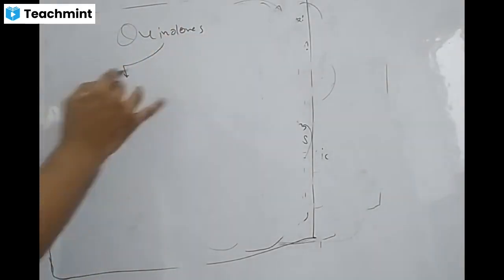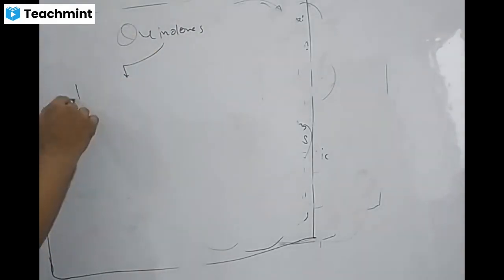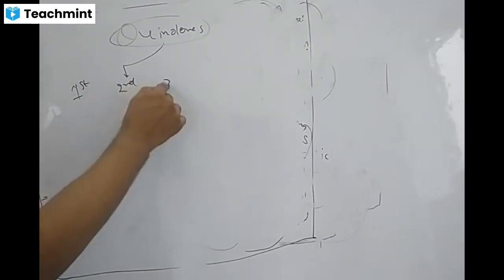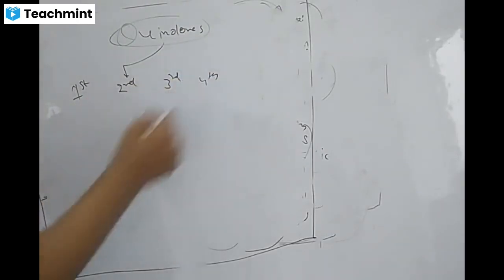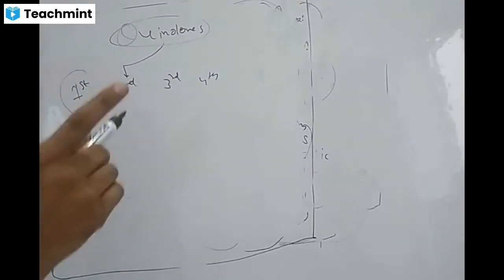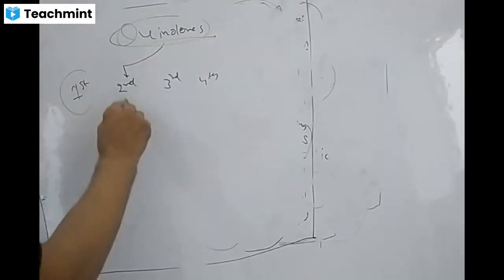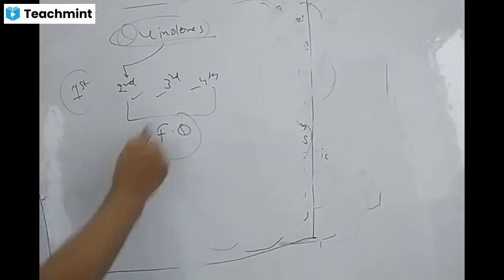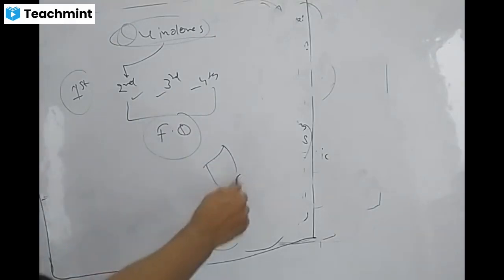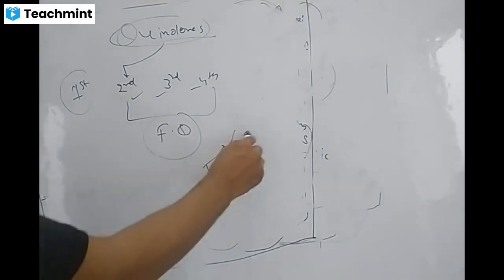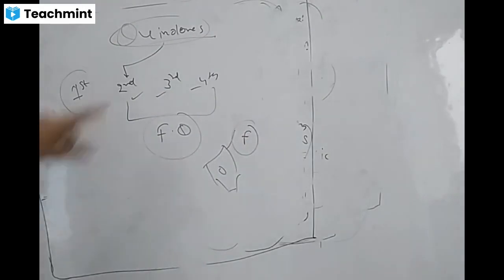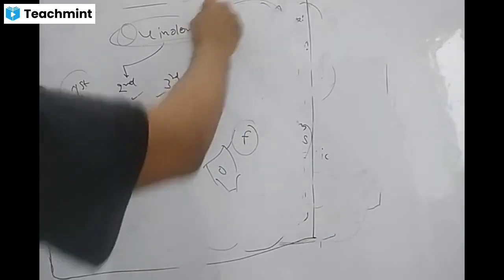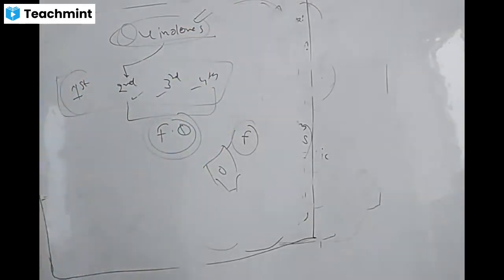If they ask you the number of generations as per the term quinolones, then there will be first, second, third, and fourth. The first generation contains only quinolones, but these three, two, three, four, their members are fluoroquinolones. Means this is the molecule where fluorine is added, F. So there are only three generations of fluoroquinolones. But if they ask about quinolones, there are a total of four generations.